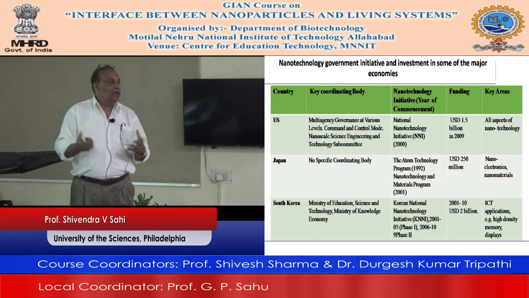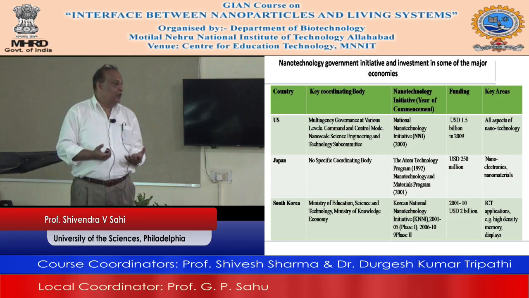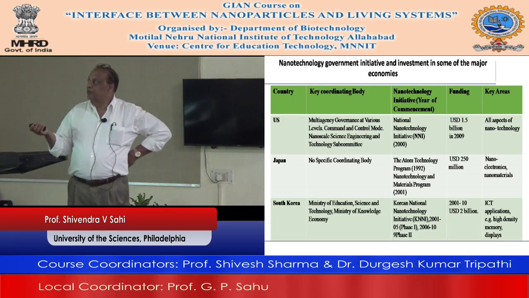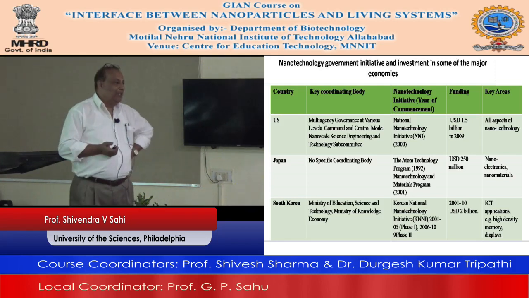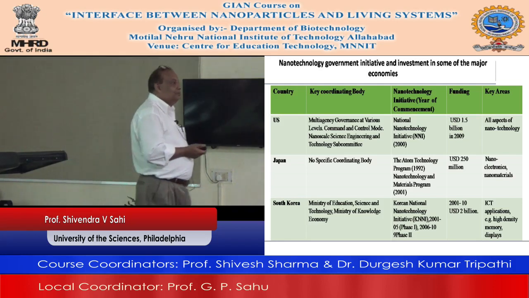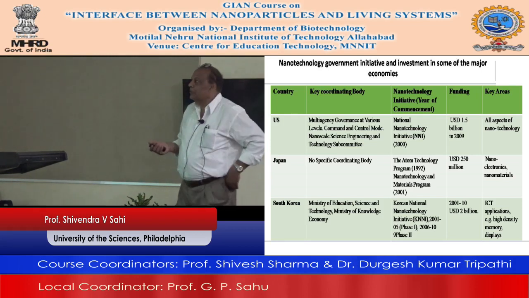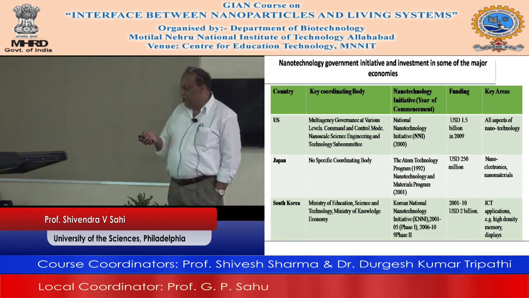So it started putting some sort of framework in place for how we are going to move, and of course 1.5 billion is nothing. It's nothing, I'll tell you that. But they started somewhere, and basically started dealing with all these nanotechnology areas.